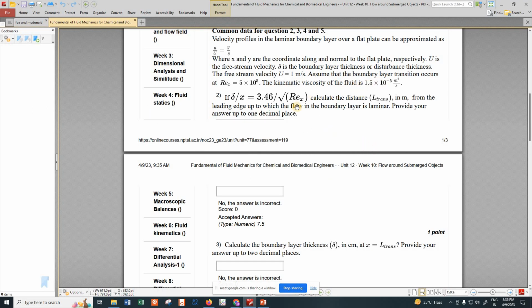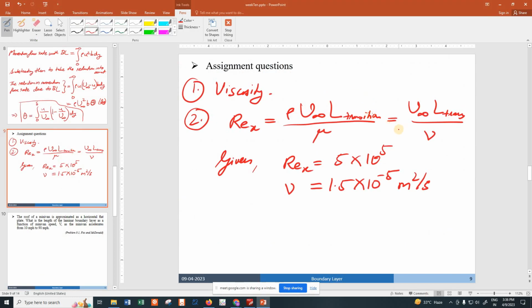Oh, sorry, 1.5. The transition Reynolds number is 5 into 10 to the power 5, the kinematic viscosity is given, and the U infinity is 1 meter per second. So everything is in SI units.